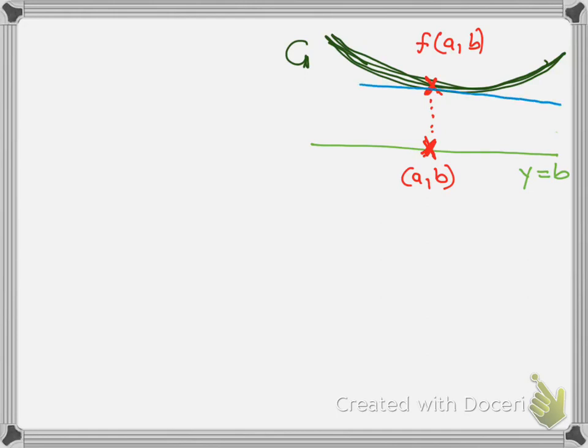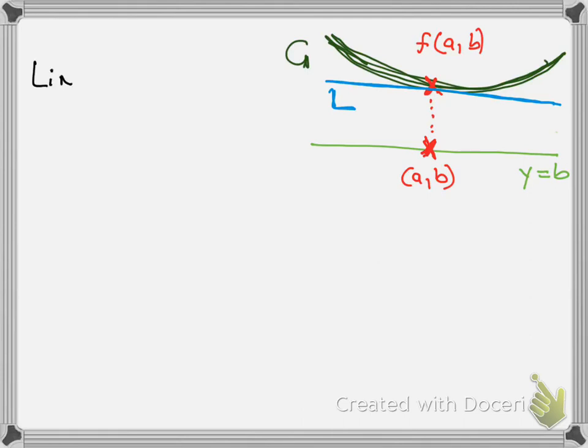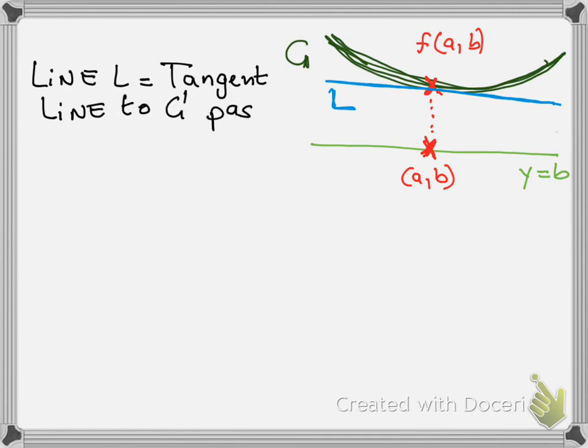This is the line L, the tangent line to the curve C passing through the point.